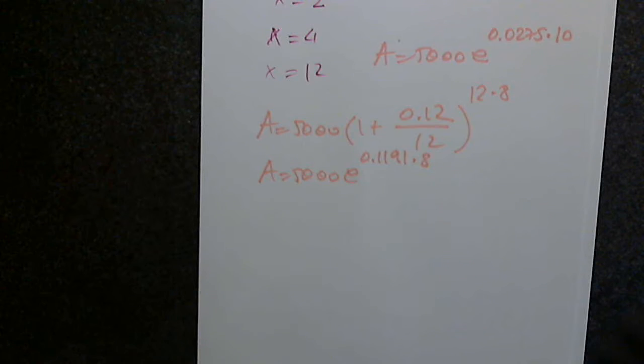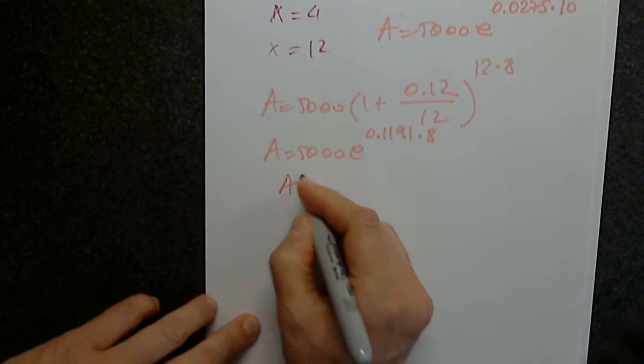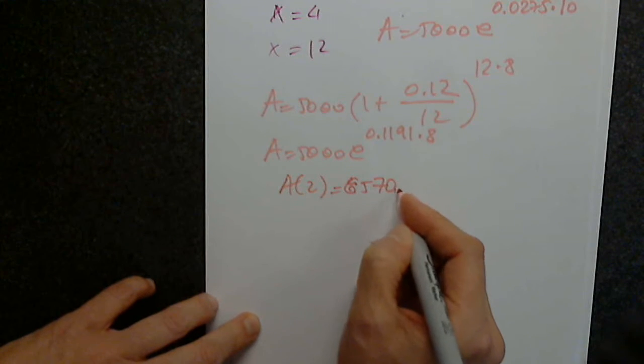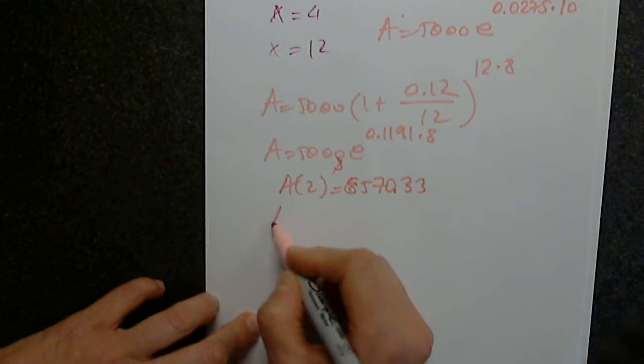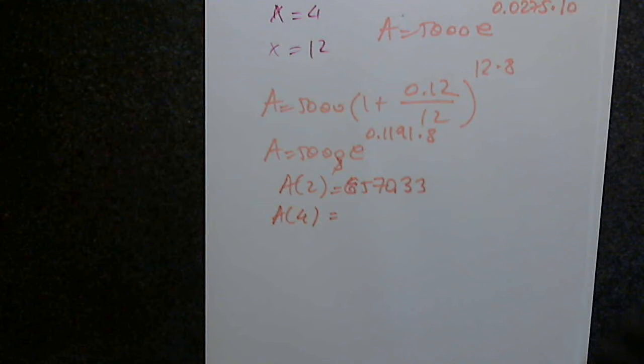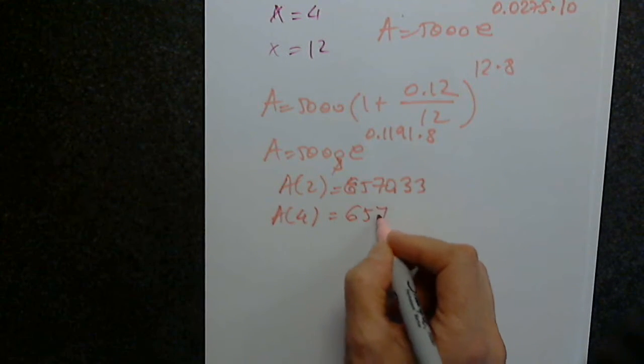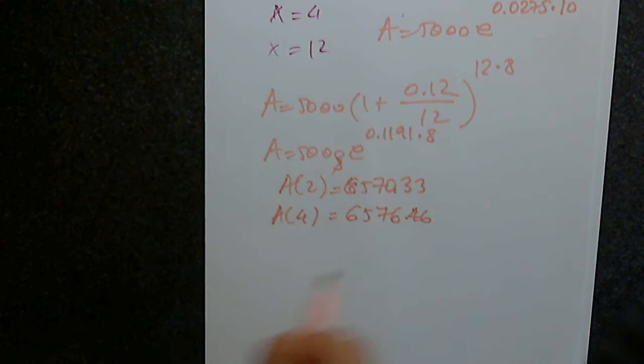So the first answer is A of 2 is 6570.33. A of 4. Is that okay? Next one is 6576.46. Yeah, I understand what the answers are, but I'm used to just plugging it in, not doing it this way.